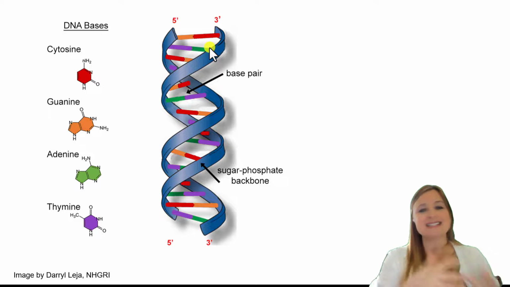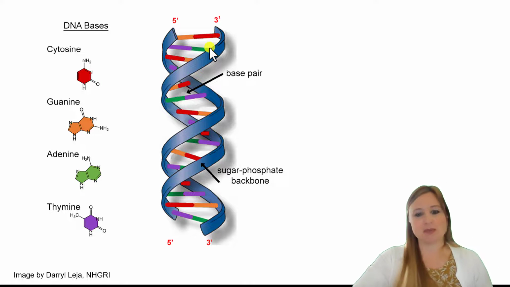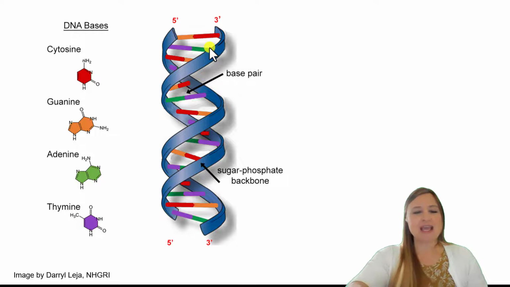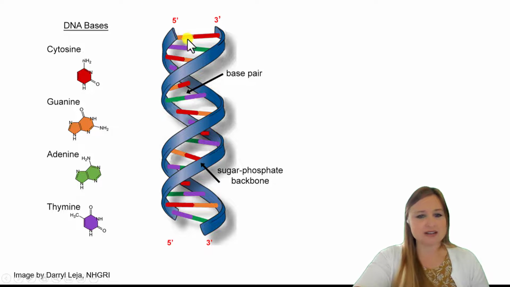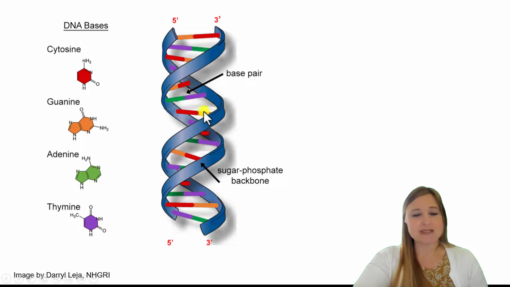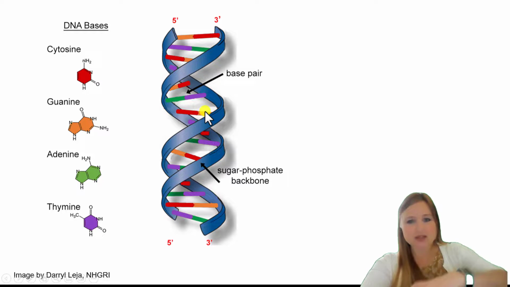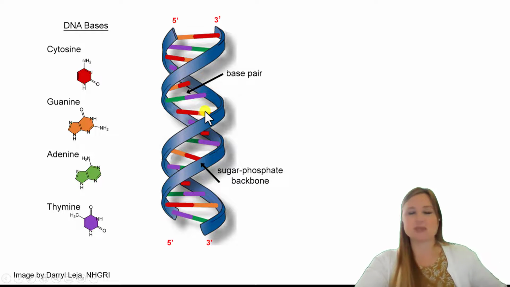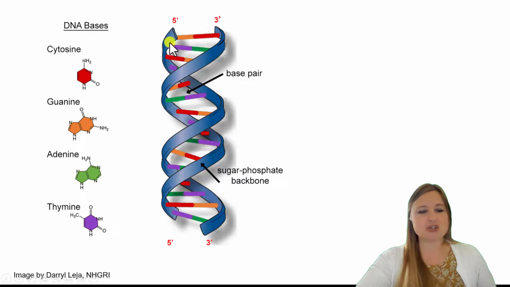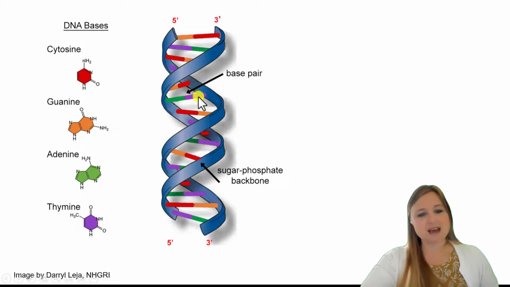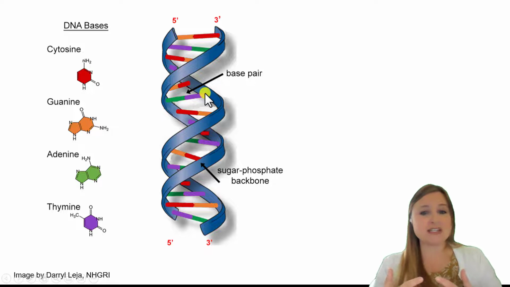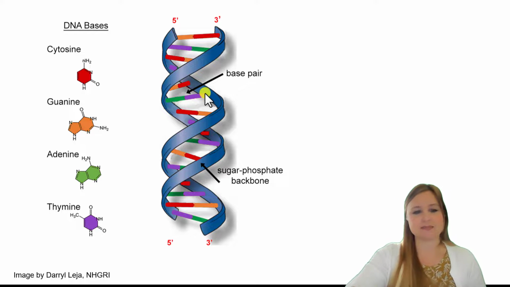And then the other 2, C and G, always form a complementary base pair with each other. And it doesn't matter if guanine's on this strand, or if it happens to be on the other strand, okay? The other nucleotide on the other strand is always going to be cytosine. And the same is true if thymine is on this strand, well, it's going to be adenine on the other strand of DNA. Or if adenine is on this first strand, then it's going to be thymine that forms that complementary base pair on the other strand.